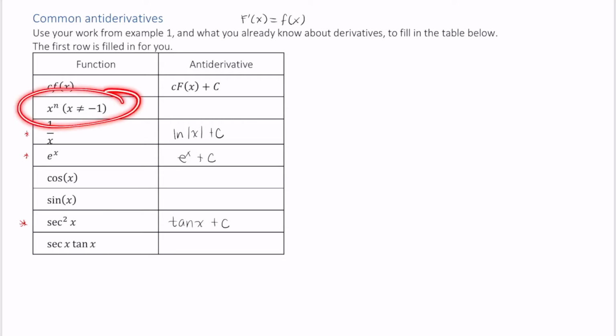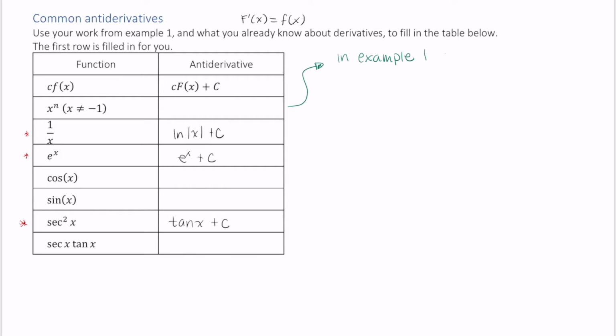Now we can look at x to the n, so we're undoing the power rule here. And if you recall, we did this in a previous example, in example 1. And if you haven't seen this yet, please check out the video that is linked.